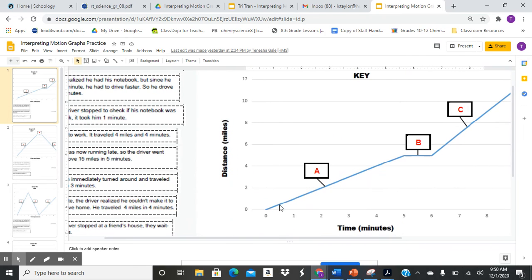So if I look at line A, one thing I want y'all to pay attention to is not only the direction that it's moving in, but also the amount of time it took to move in that direction and the distance that it took.